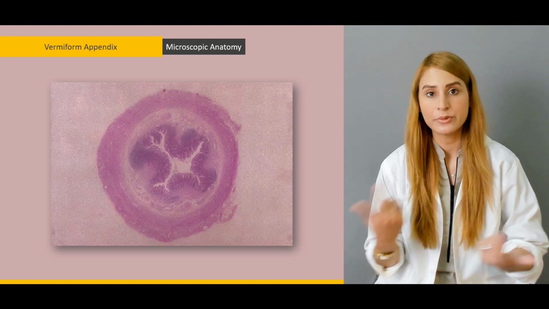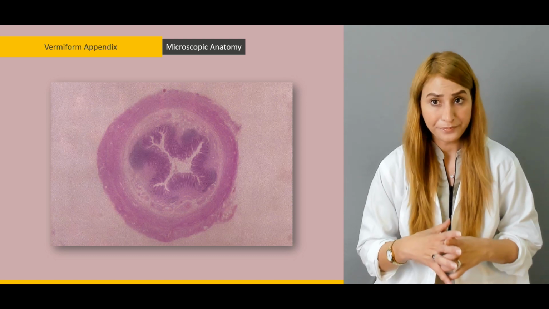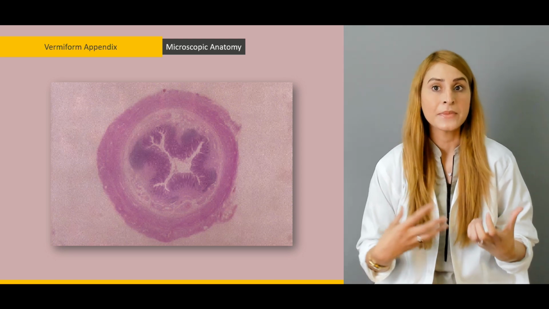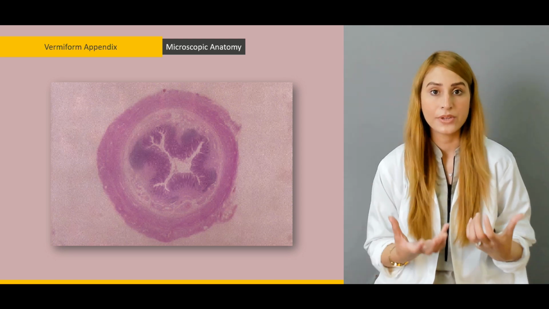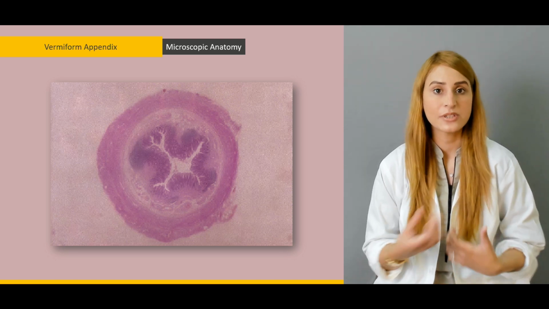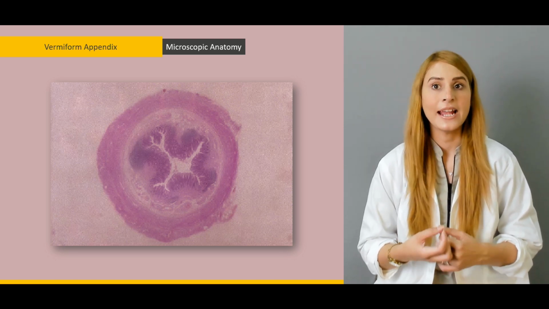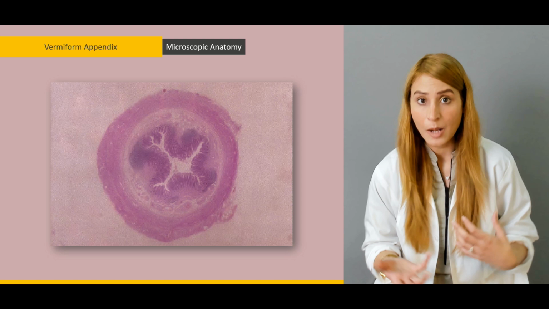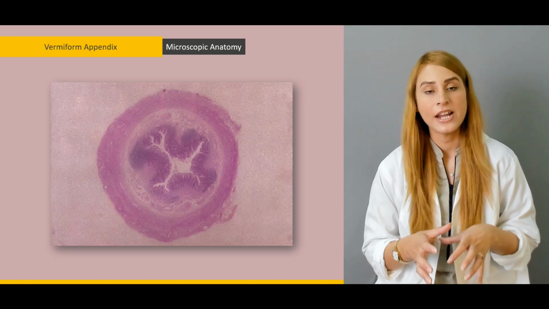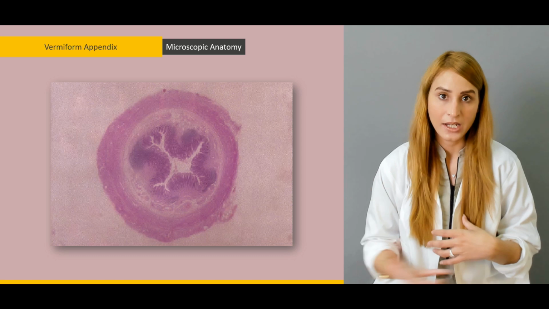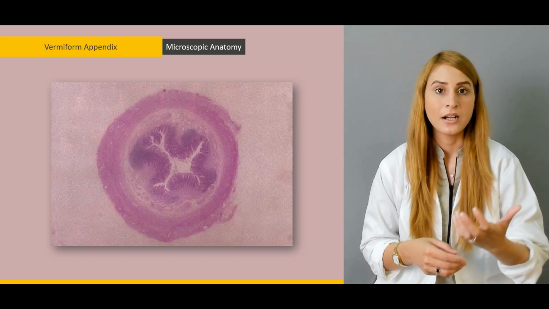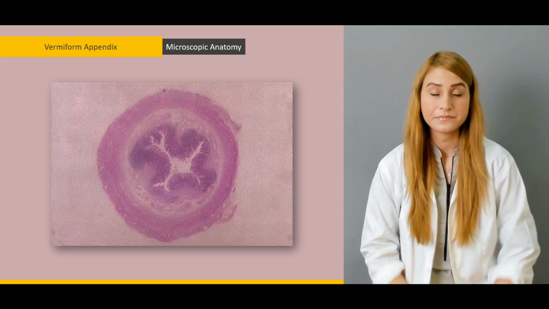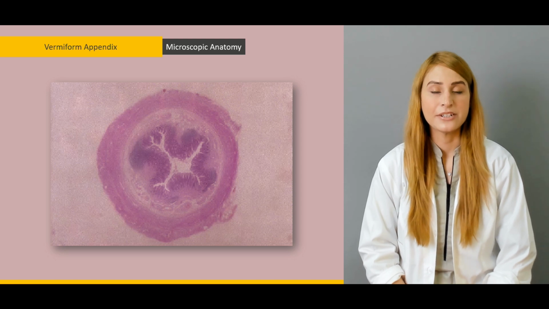So whenever there is acute inflammation of the appendix, there is lymphoid hyperplasia, and we know that the lymphoid tissue is mostly located in the submucosa. The lymphoid hyperplasia further obstructs the lumen of the appendix, and whenever the lumen is obstructed, there is mucus secretion, stasis, and bacterial seeding.